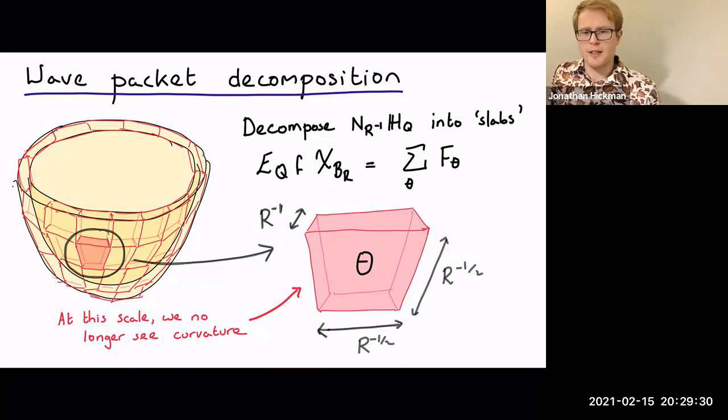And in particular, at this scale, we don't really see the curvature of the hypersurface when we look at this localized piece on this slab. So we perform this frequency decomposition of our operator according to this slab decomposition, and each of the frequency localized pieces are written as f sub theta, where theta corresponds to a choice of slab.